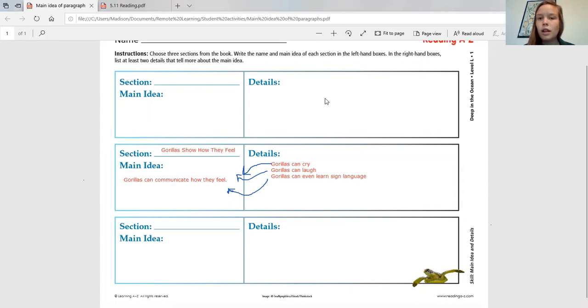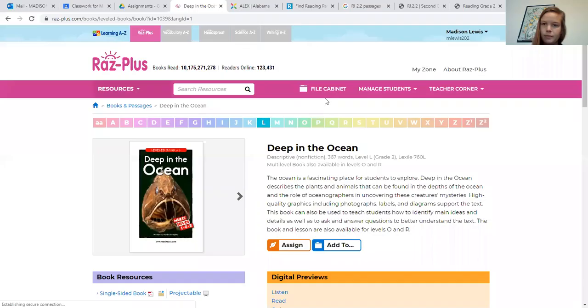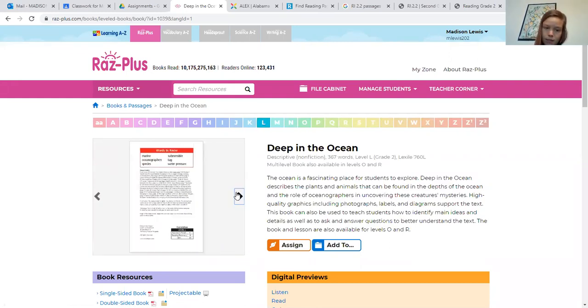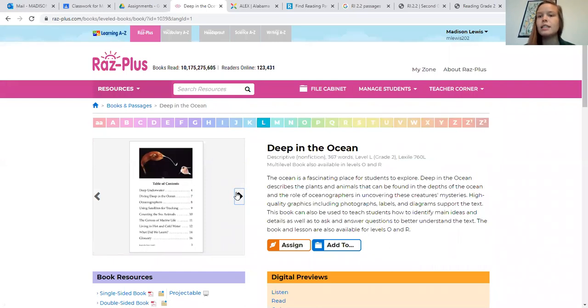I will pull up your story and show you what it looks like. So this week you're going to read Deep in the Ocean, which should look like this. I've assigned it to you in Reading A to Z, so you should easily be able to get it. Then you're going to read it and make your own graphic organizer on the main idea of the different sections and some key details about it.